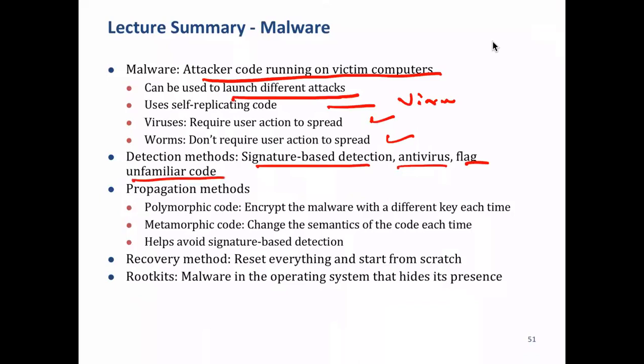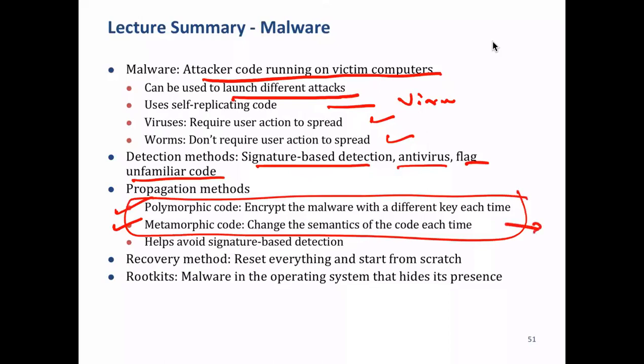The propagation methods we studied in the last class. About viruses which change their form, like polymorphic and metamorphic code, because these change their appearance, it's very difficult to find them through signature-based detection. And then today we studied about rootkits, malware in the OS that hides its presence.